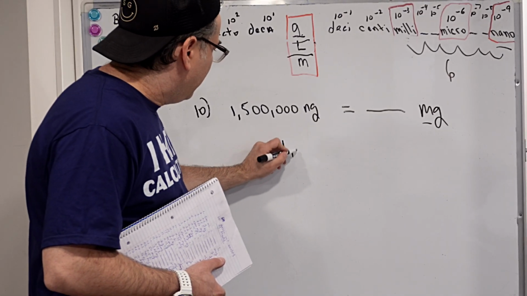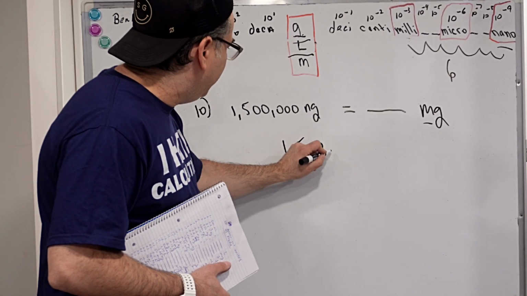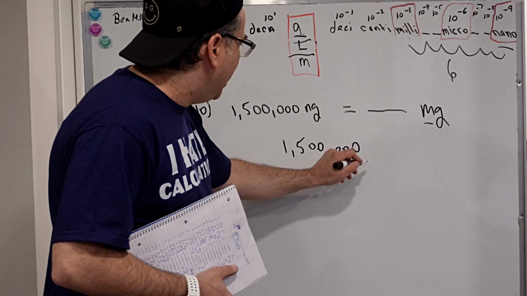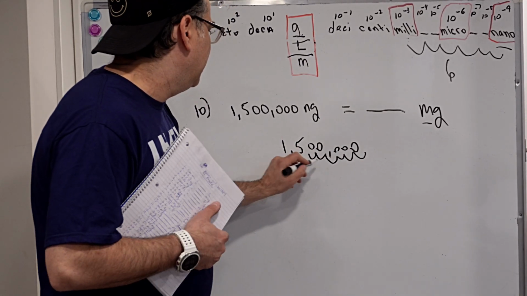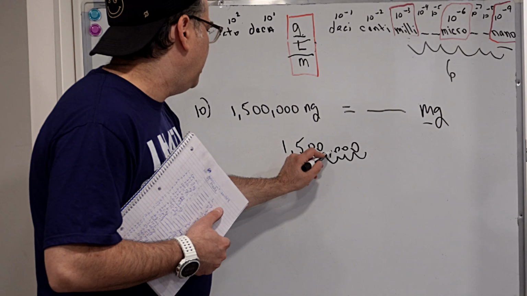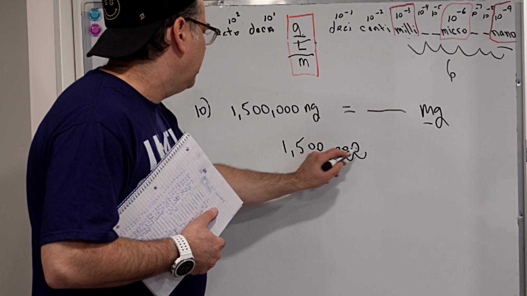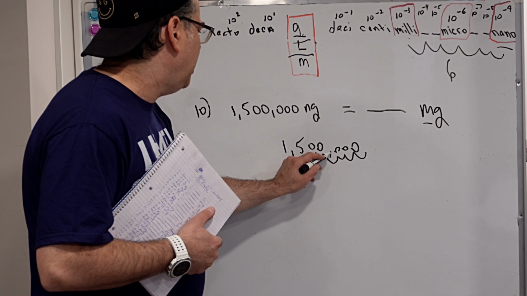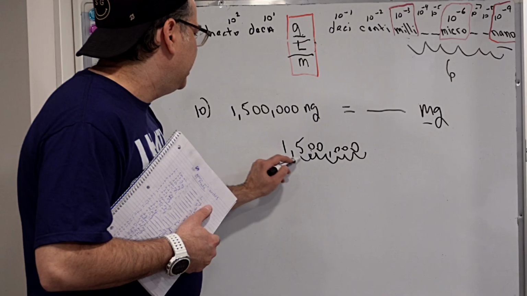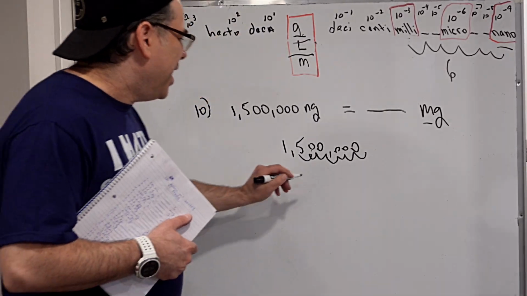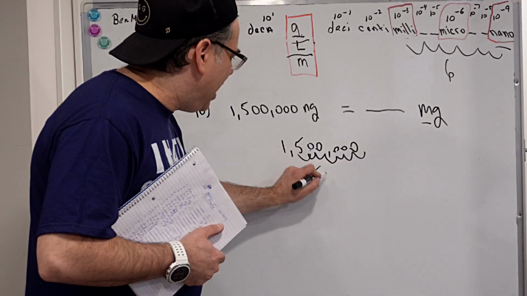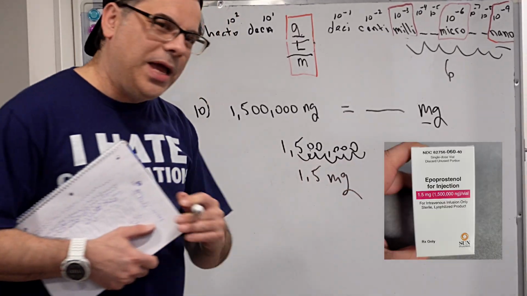So we have 1.5 million nanograms. We go 1, 2, 3, 4, 5, 6. Sorry, sometimes it's hard to keep track, but it is 1.5 milligrams.